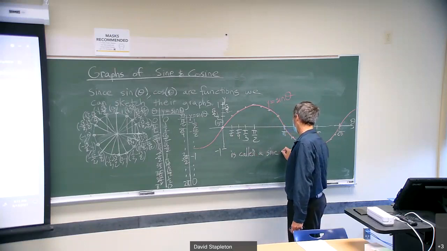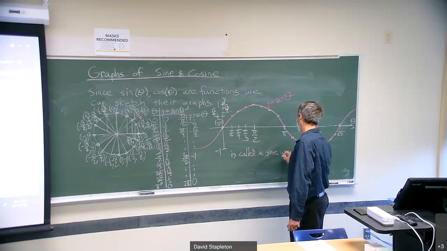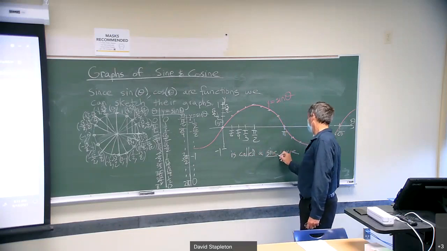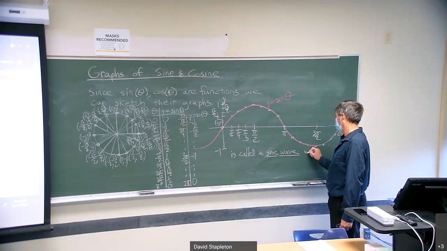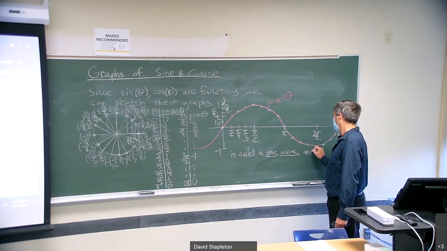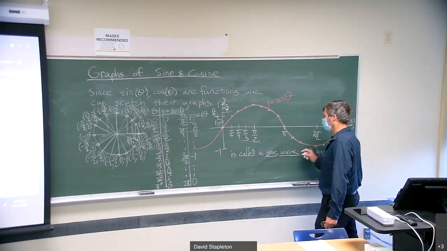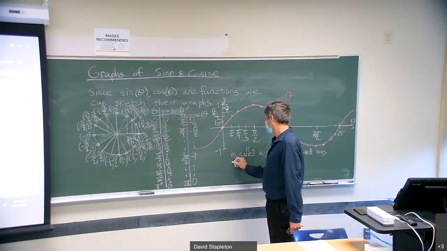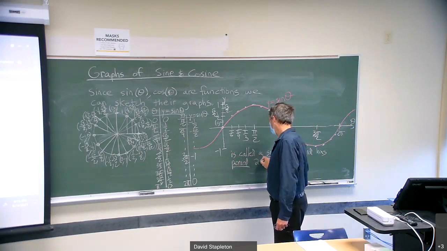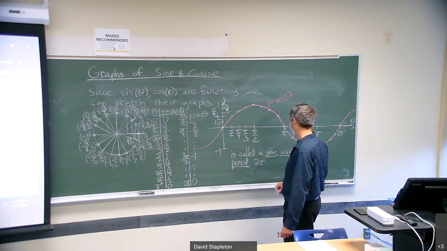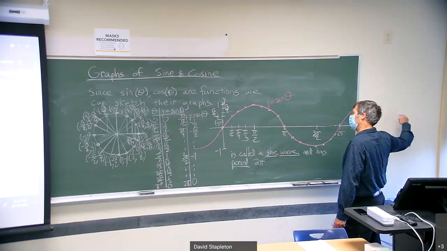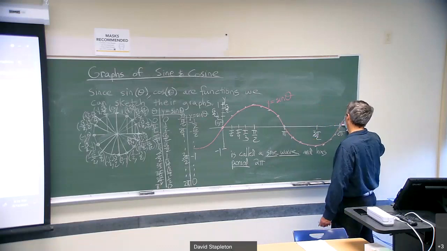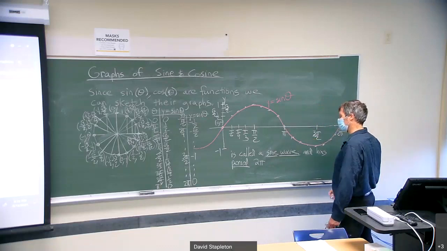It's a sine function that repeats. And since the repeating length is 2 pi, we say it has period 2 pi. So at 4 pi, it finishes another wave, another period, and 6 pi another period, and so forth.